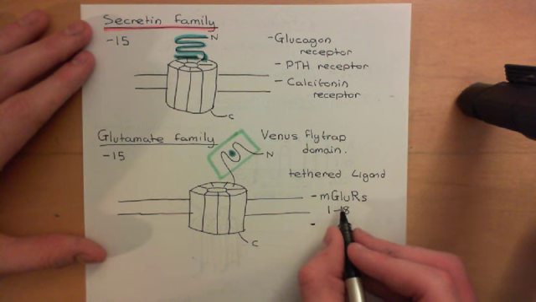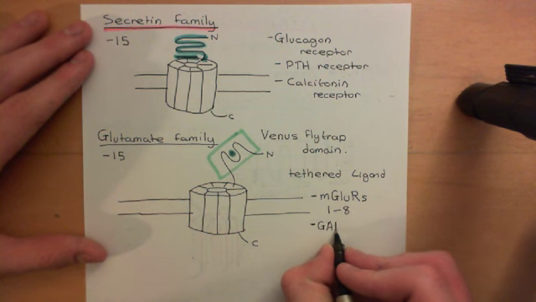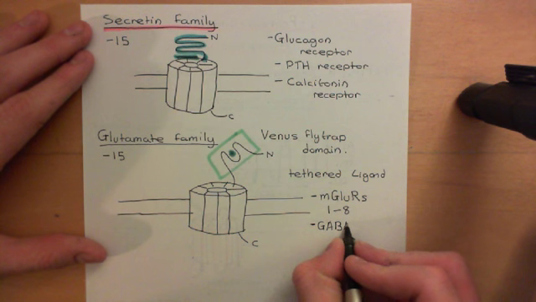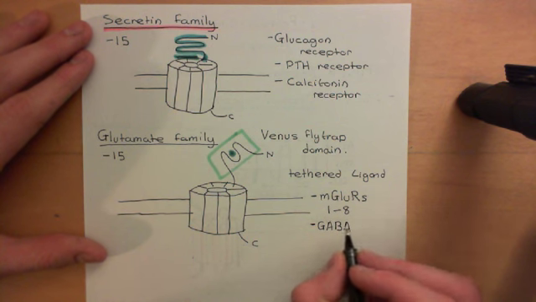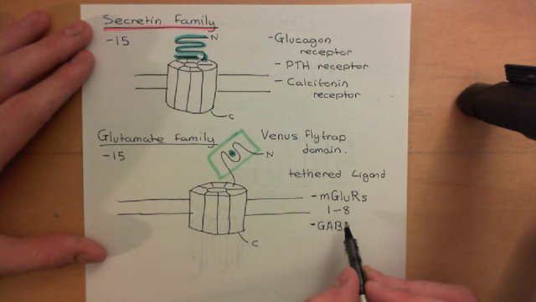We've just talked about glutamate, the most important excitatory neurotransmitter in the brain. A type of GABA receptor is also in this family. GABA is the most important inhibitory neurotransmitter within the brain. So glutamate, the most important excitatory neurotransmitter, GABA, the most important inhibitory neurotransmitter in the brain.